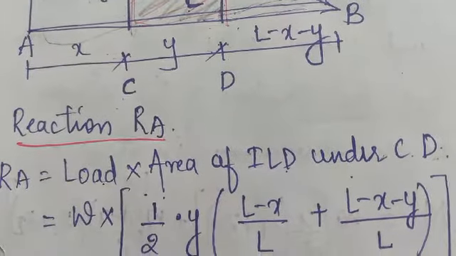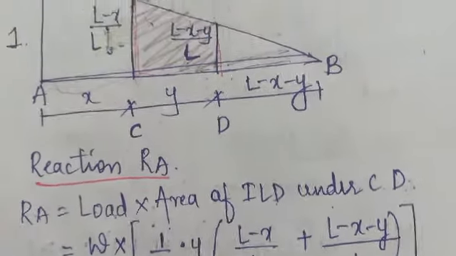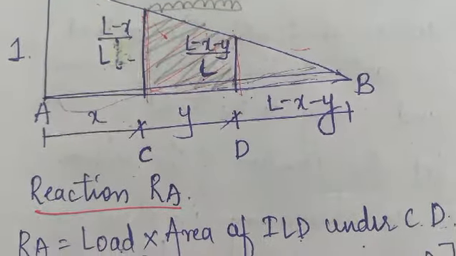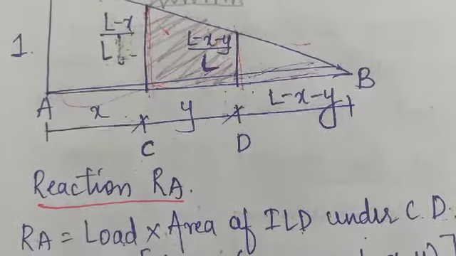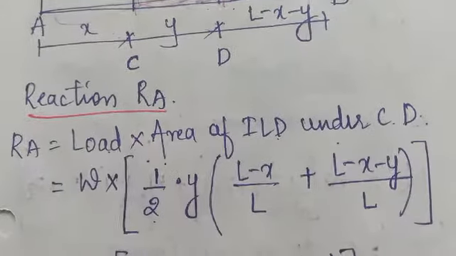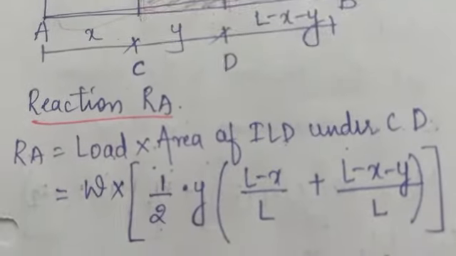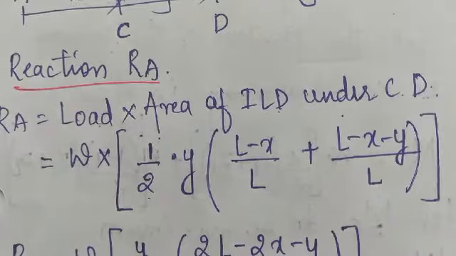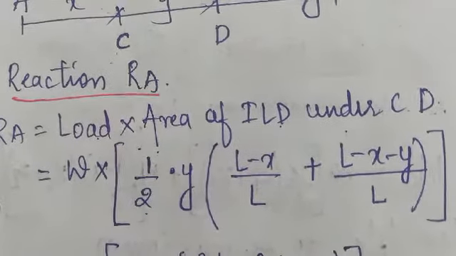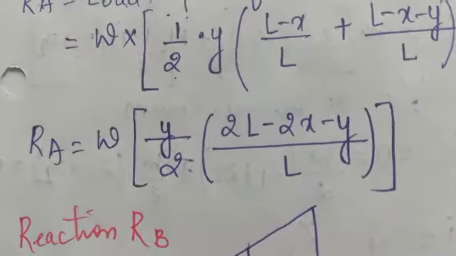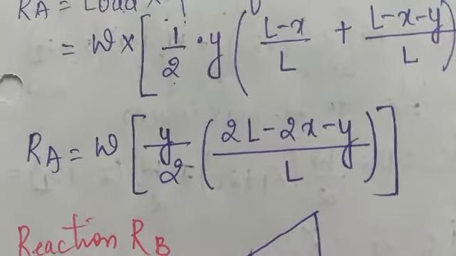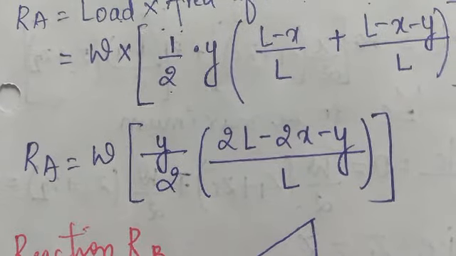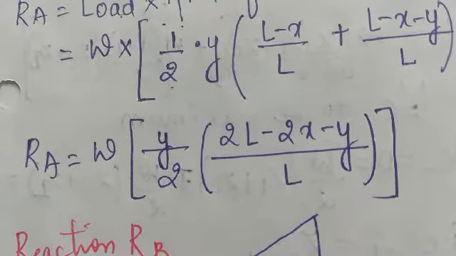So the load is W and the area of this part is half multiplied by the ordinates at C and D, that is, half base y and the summation of the ordinates at C and D. Once we simplify it, I get the reaction RA equals W into y divided by 2 into 2 times L minus 2 times x minus y, divided by L.